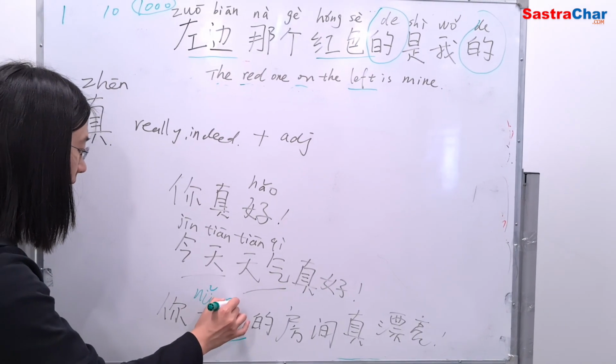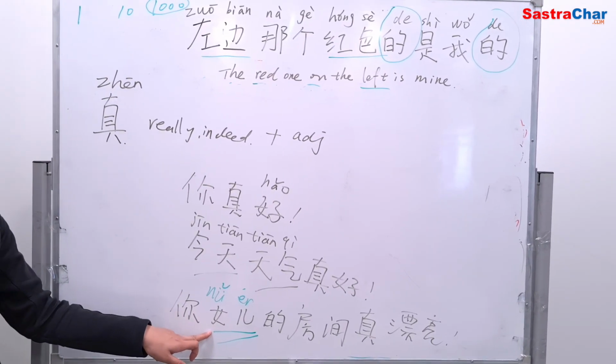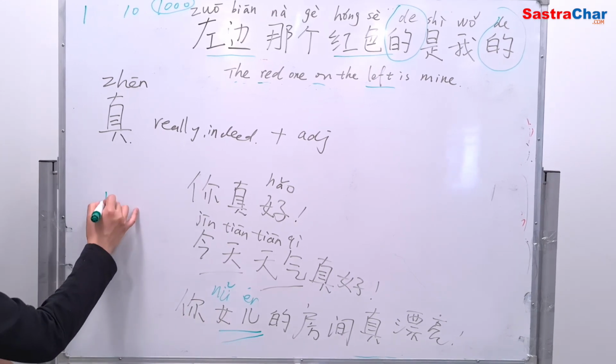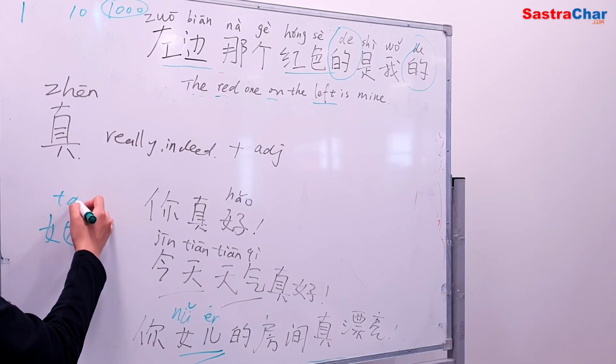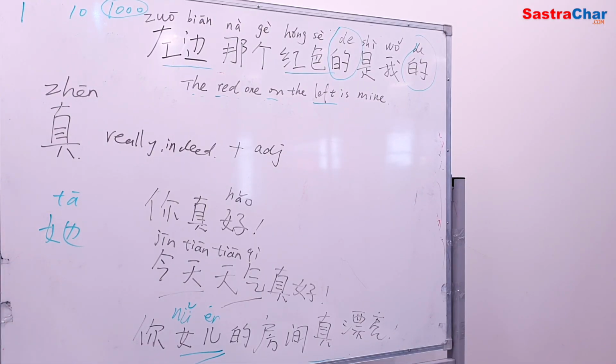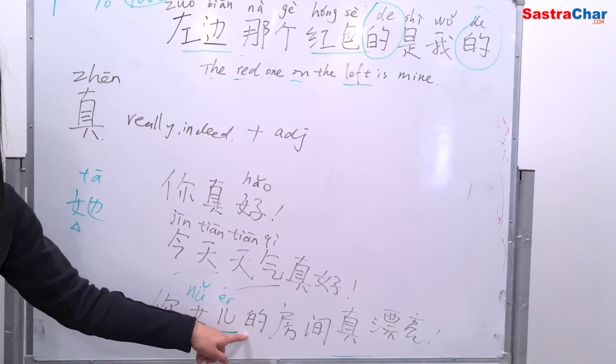Yeah, 女儿 means daughter. 女 is female, as in this word 她, it means she, because we have a female part 女, because 女 means the female, right? So 女儿 means daughter. 你女儿 is your daughter. The 的 here is a possession.